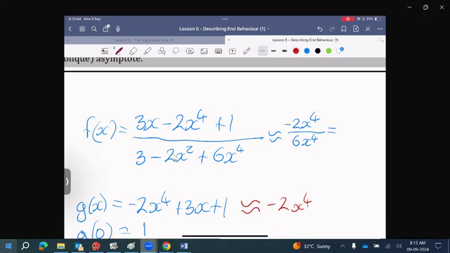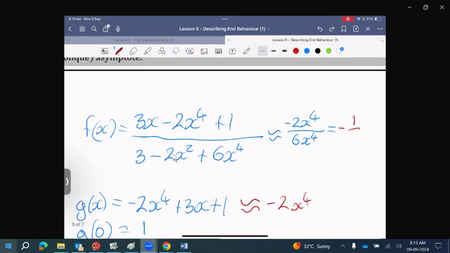Okay, let me have somebody fresh. Yusuf. Minus 1 over 2. So this is going to be minus a half. So what is the horizontal asymptote for this function? Sam? What is the horizontal asymptote now?